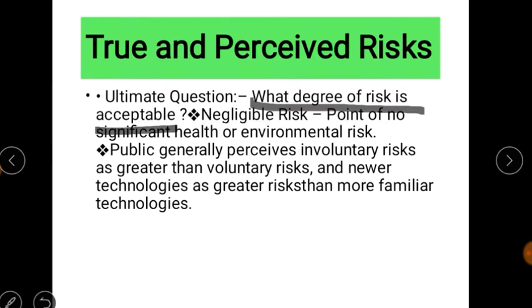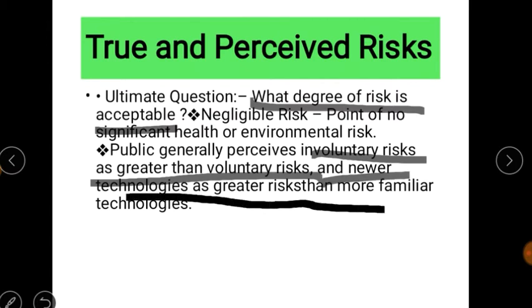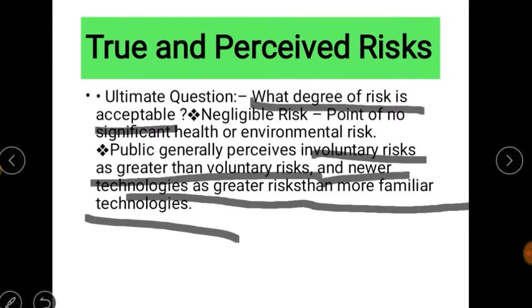Then public generally perceives involuntary risk as greater than voluntary risk, and newer technologies as greater risk than more familiar technologies. Okay, this is true and perceived risks.